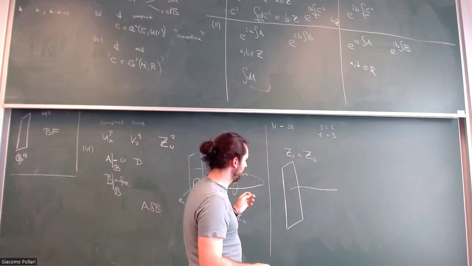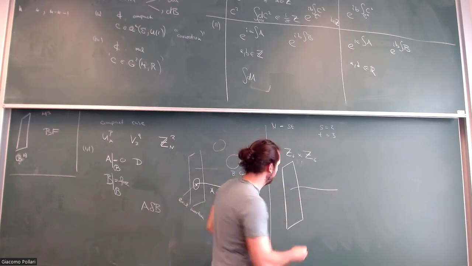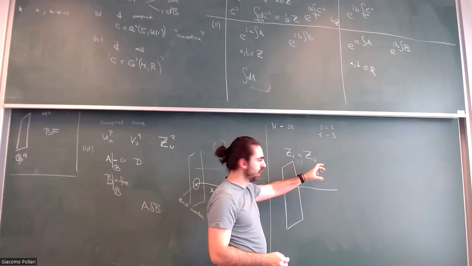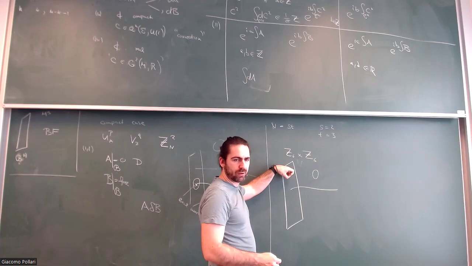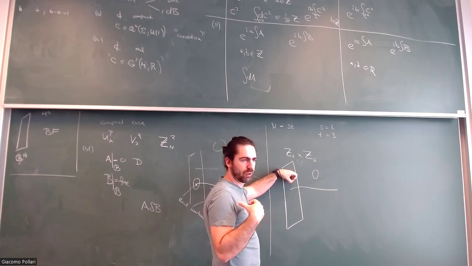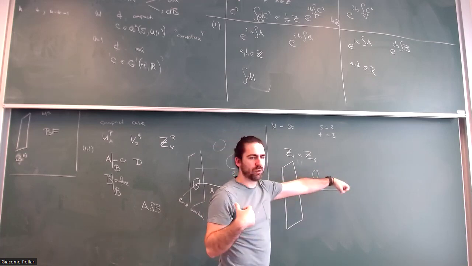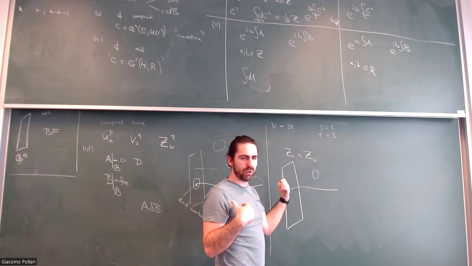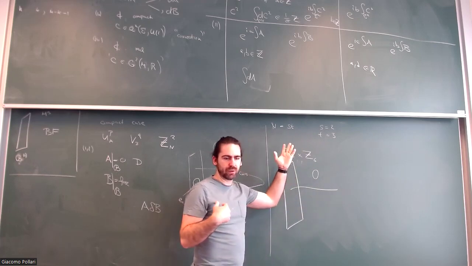I have this line which can end at the boundary, and another line which can end at the boundary, and I make a closed loop out of it. If I pull it to the boundary, it becomes trivial because my boundary condition told me that it's 0 at the boundary. And now I can just open it and circle my insertion. Then I can pull it into the bulk, but there I can pull it away and create a phase. So on one hand, if I do that calculation at the boundary, I get nothing. If I do it in the bulk, I get a phase. That's inconsistent.